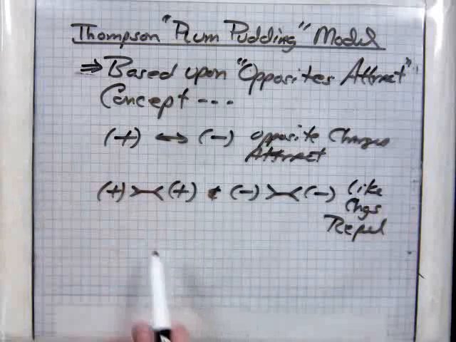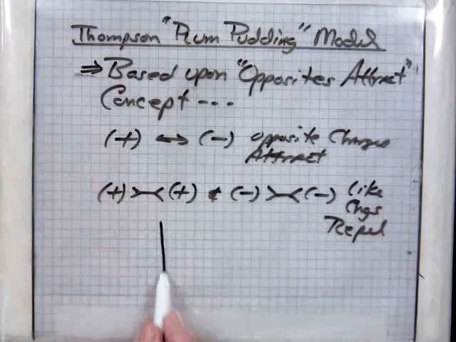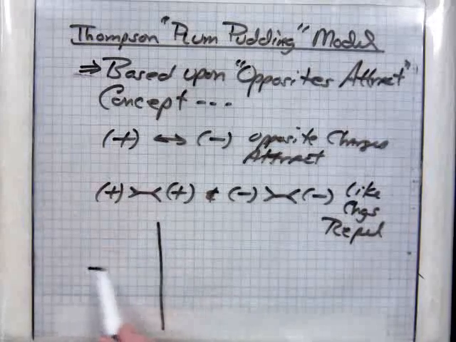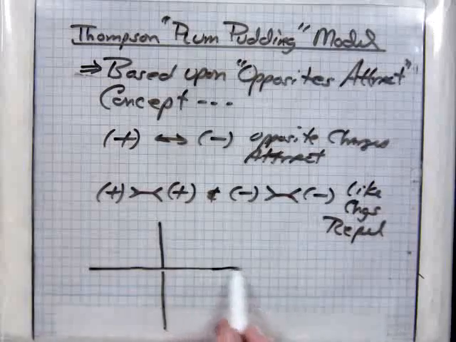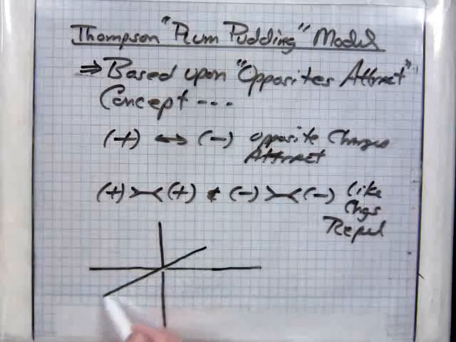What this led to was what we call the plum pudding model, and it can be drawn simply in a three-dimensional context.